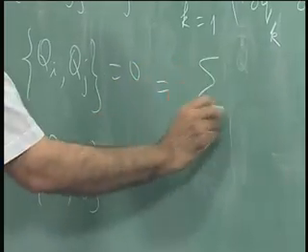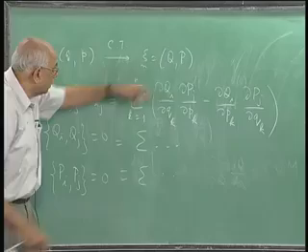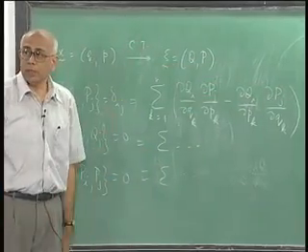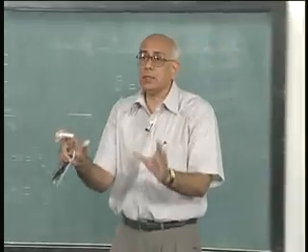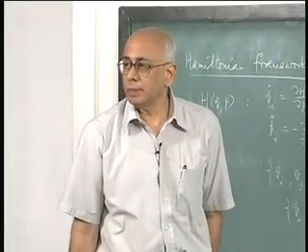So all these three sets of relations must be valid, otherwise it is not a canonical transformation.